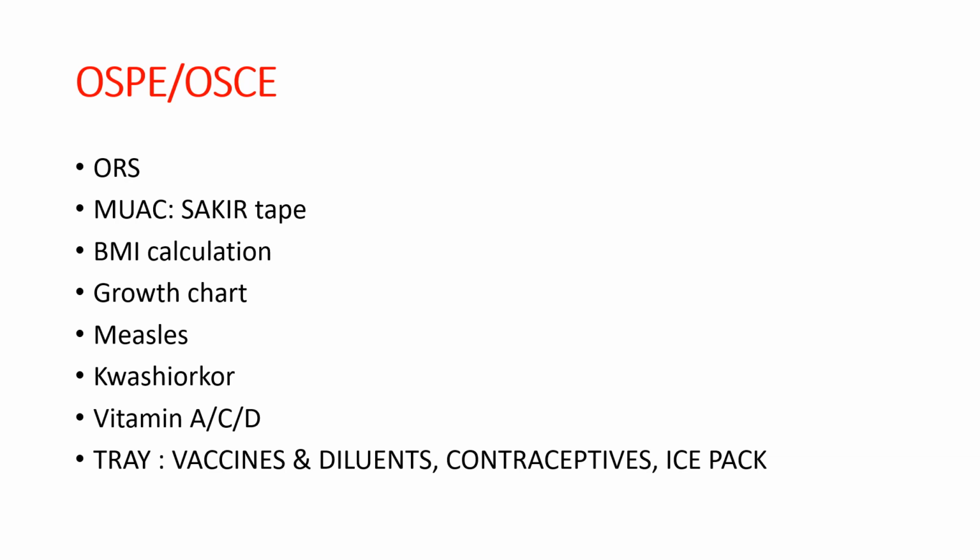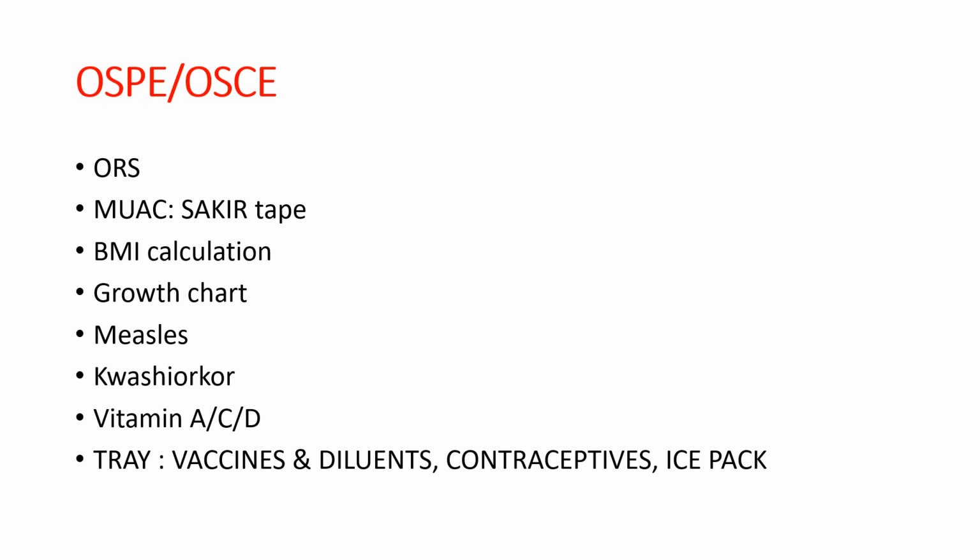Besides, you need to know very clearly how to measure the mid-upper arm circumference, particularly with the circuit tape, the anatomical landmarks, and have clarity about it. Know how to calculate your BMI, how to plot on a growth chart, identify models like measles, kwashiorkor, chickenpox, filariasis, and sources of different vitamins like A, C, D.